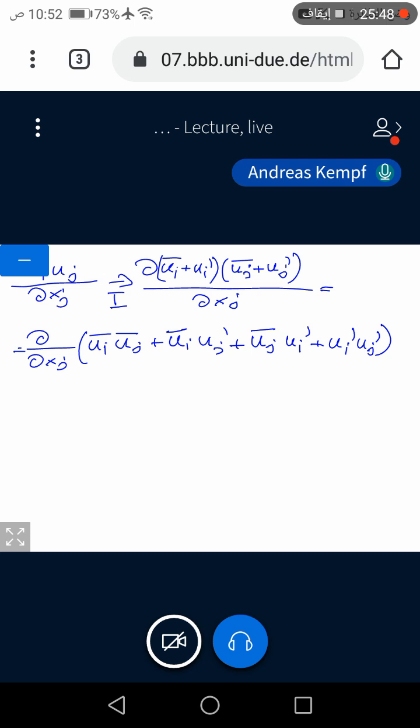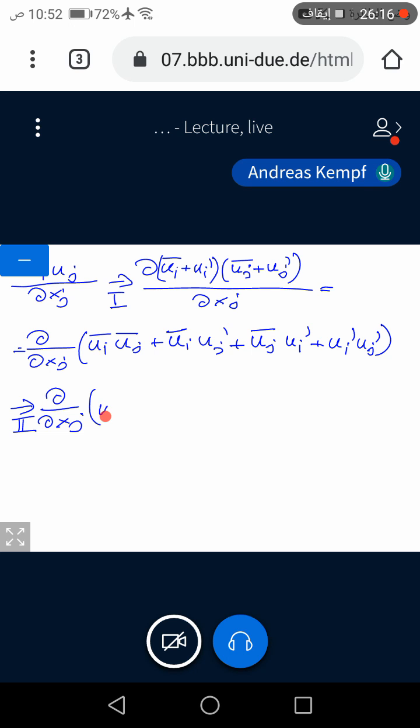Now we have to average it again. So we end up with del xj times. And again, we use the property that the spatial gradient and the time averaging do commute because they are operators in different dimension. Spatial averaging is in 1, 2, 3 dimensions. Time averaging is in the 4th dimension only.